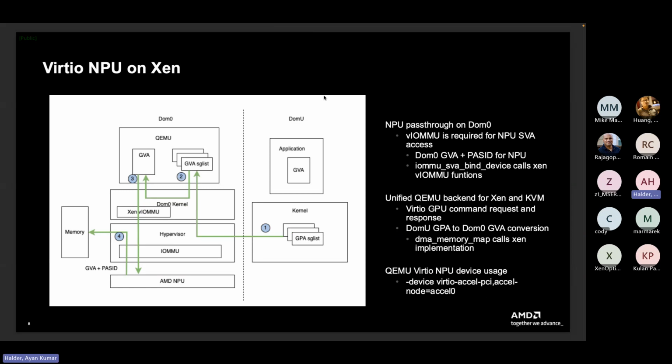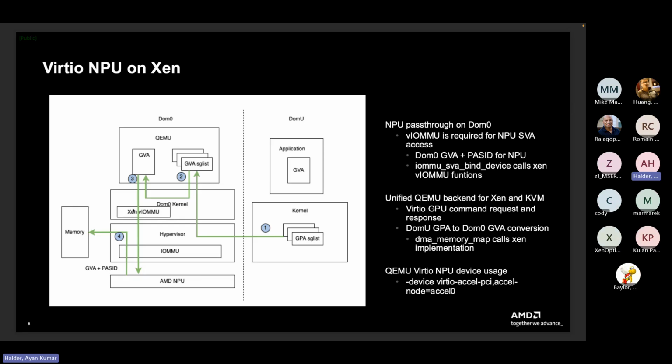Okay, so this is almost a similar picture for Xen. You can see the address translation steps are the same. It's 4 steps instead, because for Xen there is a Dom0. So in Dom0, it has to support the virtualized IOMMU because the hardware relies on the SVM.